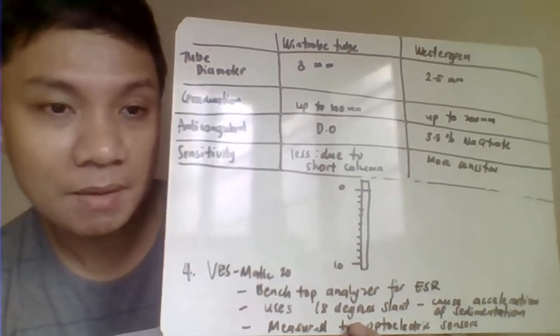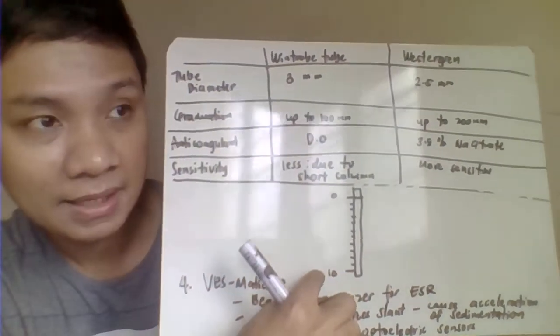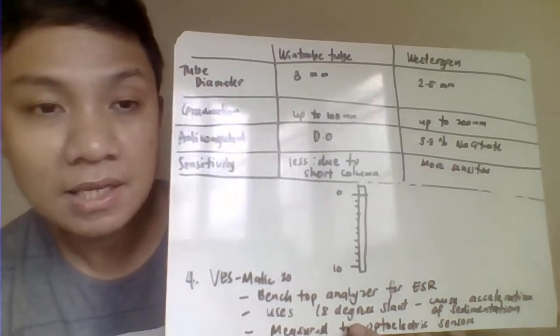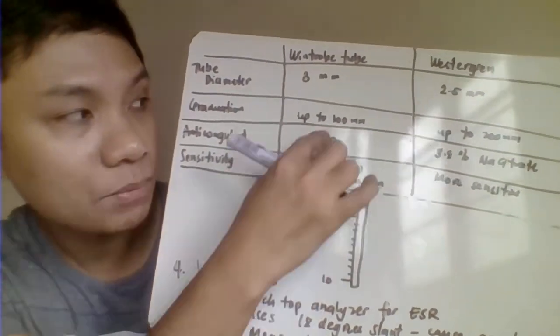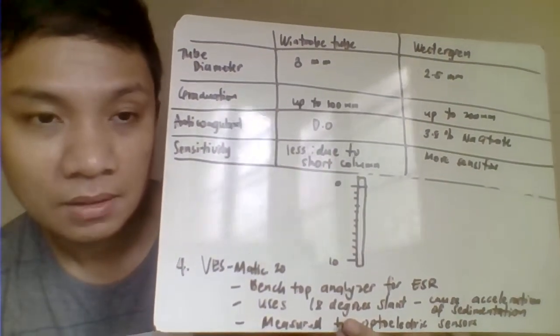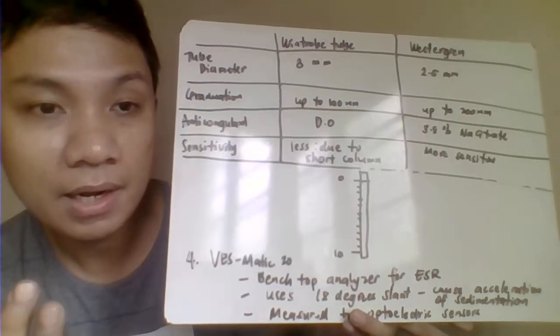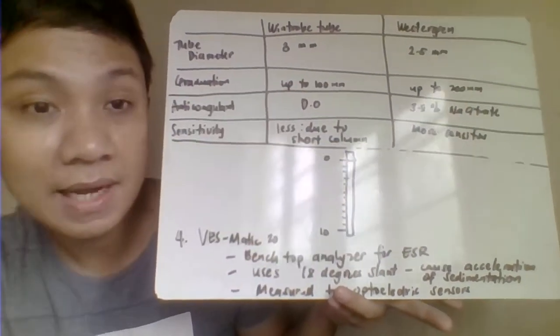What if, for example, after 1 hour, mabilis mag-settle ang blood or RBC ni patient natin? Kung ang ginamit natin na tube is the Winthrop tube, ang maximum na reading mo lang is up to 100 mm. So, we don't know, let's say, dapat after 1 hour ang reading mo, pero hindi pa natapos ang 1 hour, nag-settle na sila agad-agad.